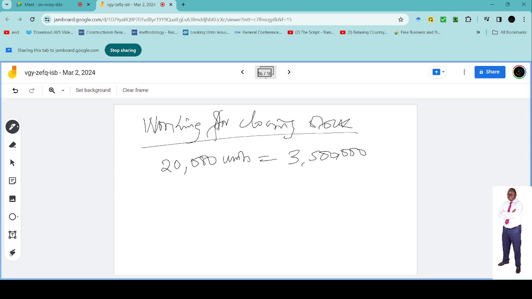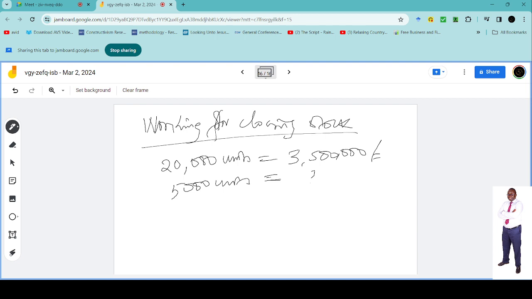Then the remaining stock, because they produced 20,000 and they sold 15,000, so they have a closing stock of 5,000 units. So you would say if producing 20,000 units costs 3.5 million, how much does producing 5,000 units cost?